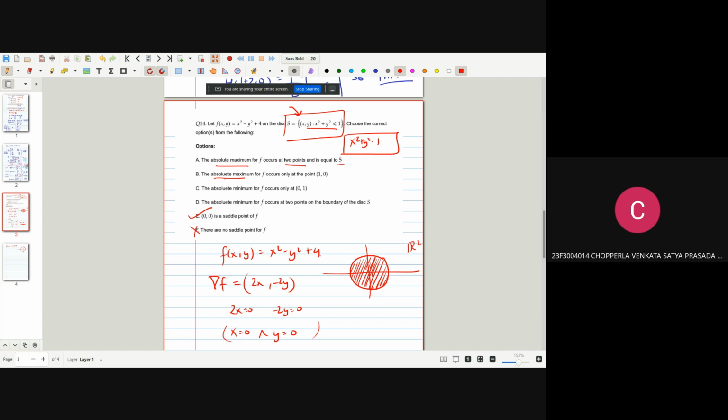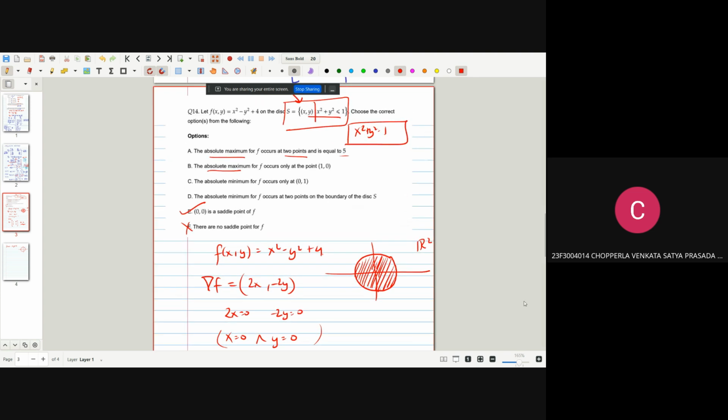So x and y values should be contained within it, all those points for which x square plus y square is less than 1. But the function has its own curve, x square minus y square plus 4. Let's say it is a parabola kind of thing. Then don't we need to find the intersection points between that and this? Because that is the area that we are concerned about, no, sir?